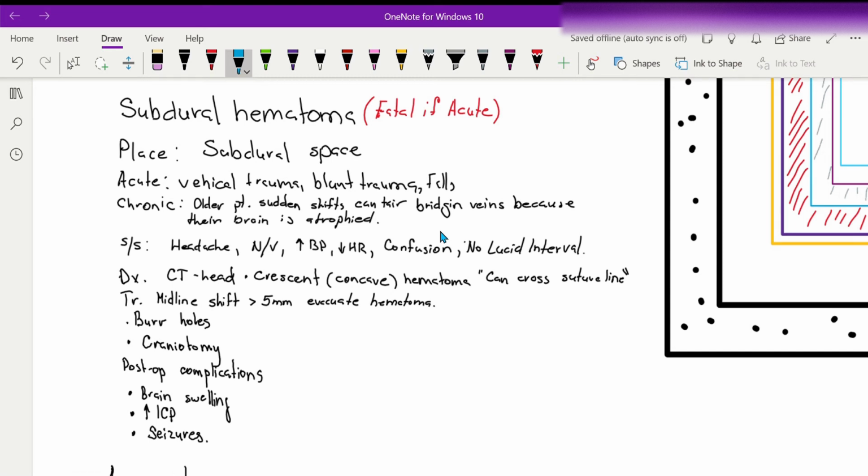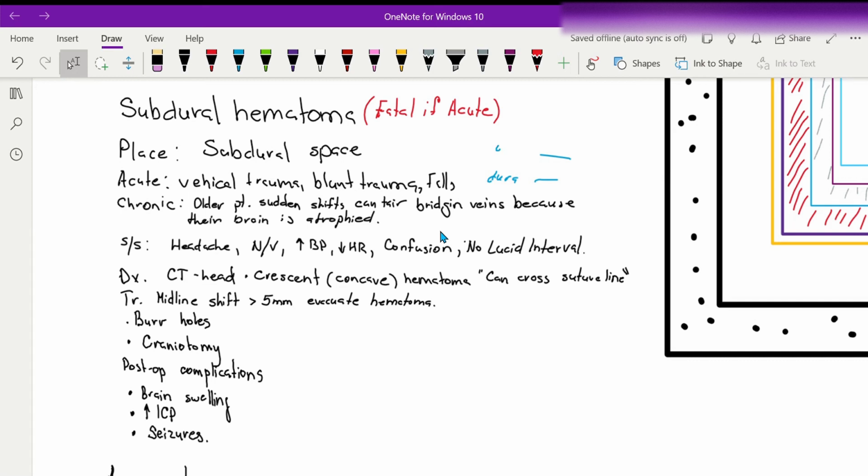So when there's a vehicle trauma, blunt trauma to the skull, falls. In older adult patients, shift can tear bridging veins because their bone is atrophic. Can tear bridging veins between those spaces where the dura mater, it says subdural hematoma.